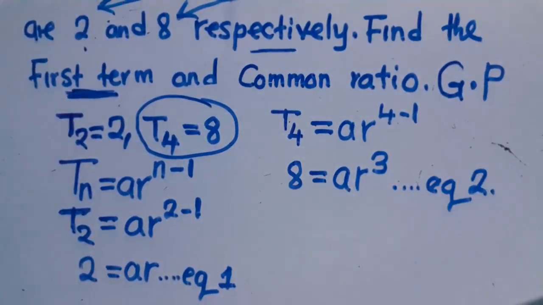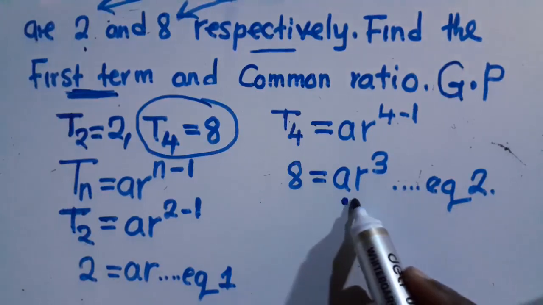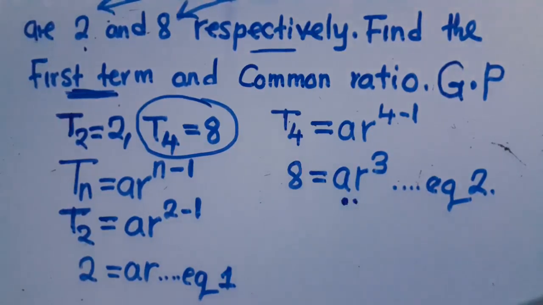So I've formed two equations, and these are going to help me find A and R. A is the first term, and R is the common ratio. In this question, we are told to find the first term and the common ratio.